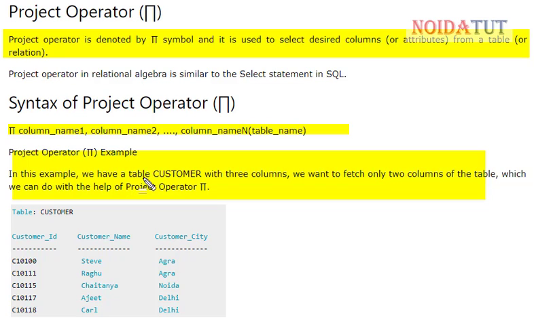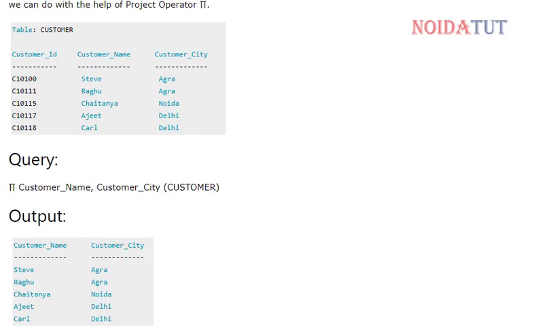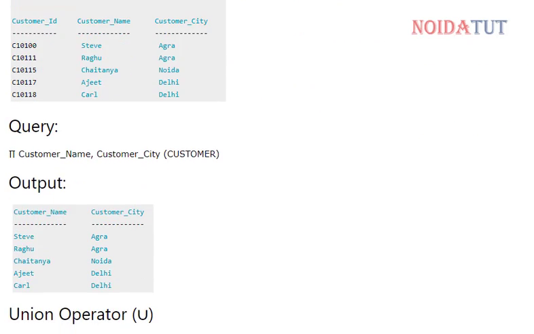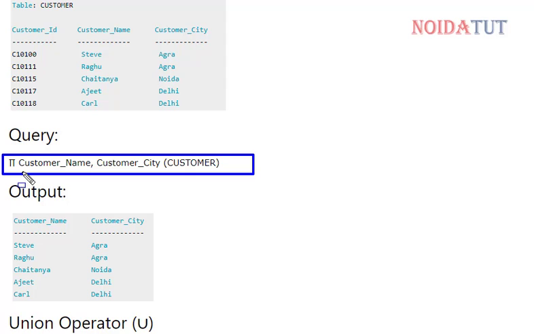In this example we have table customer with 3 columns. We want to fetch only 2 columns of the table, which we can do with the help of the project operator. Now we can see how we are going to write this. This is going to refer select customer name, customer city from table customer.